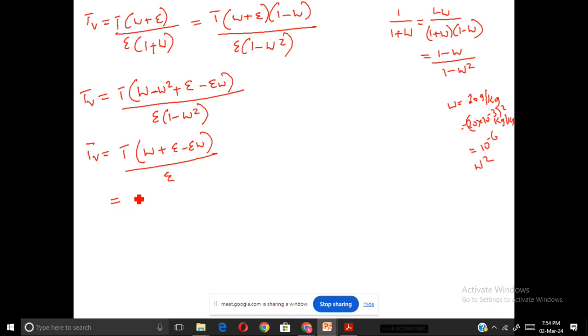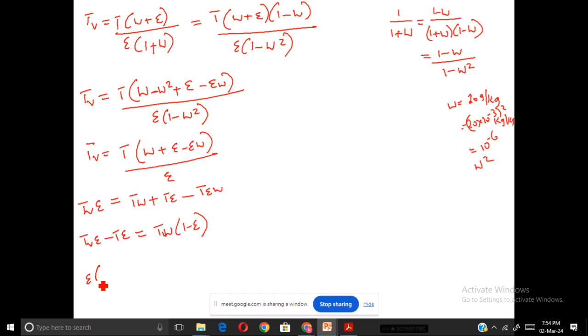Then we have TV epsilon is equal to TW plus T epsilon minus T epsilon W. This can be written as TV epsilon minus T epsilon is equal to TW into 1 minus epsilon.